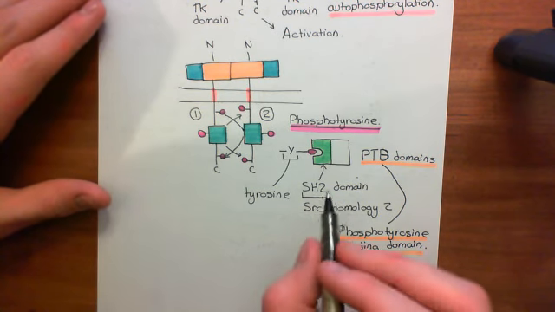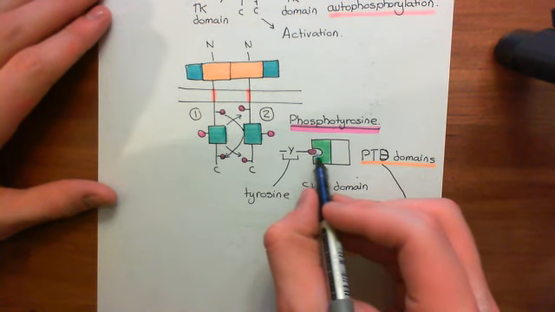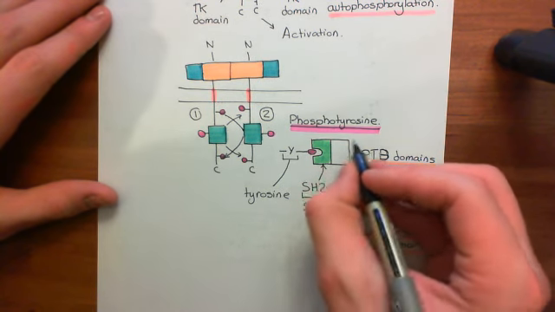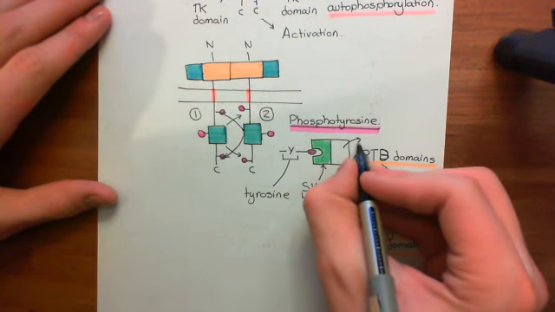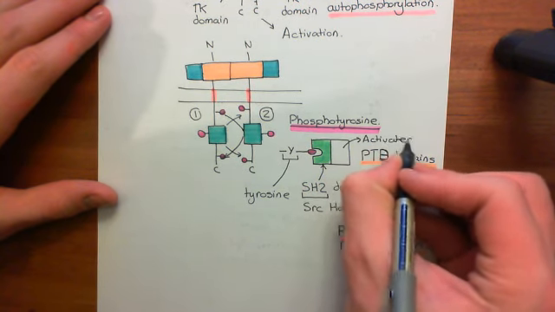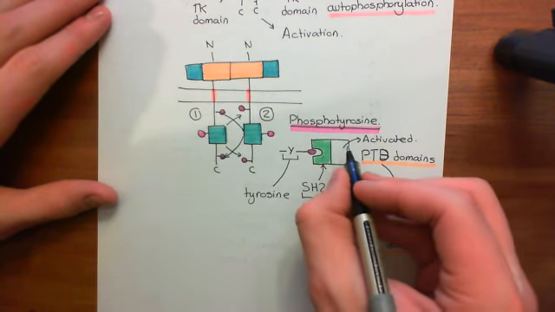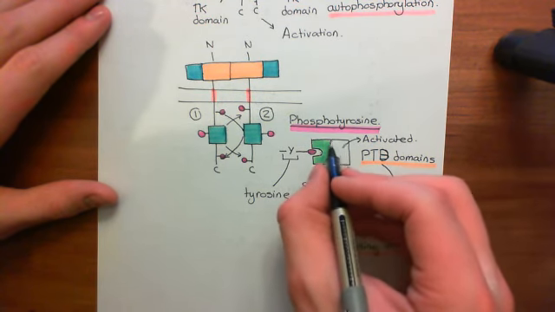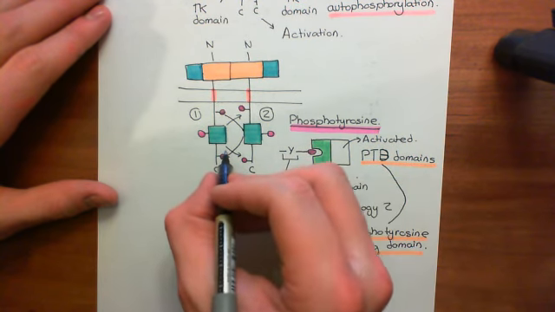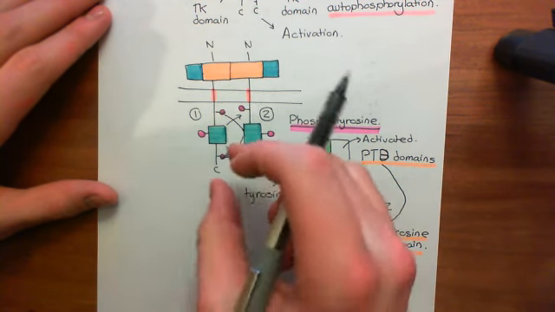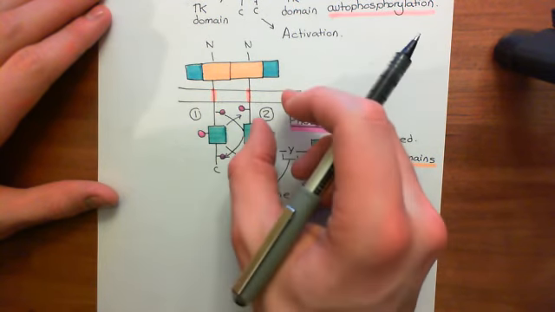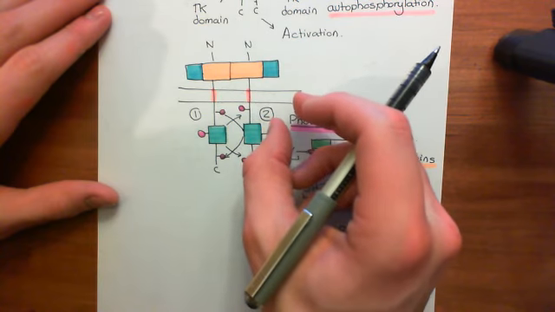Now, in the case of some proteins, just binding to the phosphotyrosine residue will activate them. So the protein may well be activated just by the binding of the phosphotyrosine residue. In addition, sometimes it's not the case that binding to the phosphotyrosine residue will activate you, but instead, binding doesn't change your activity, but it locates you at the membrane.